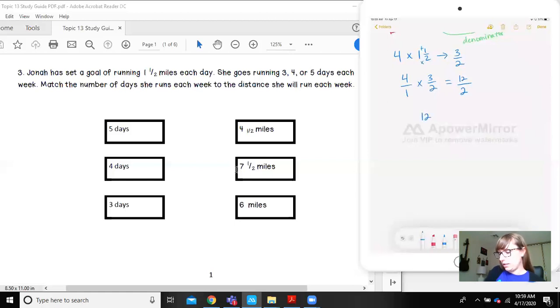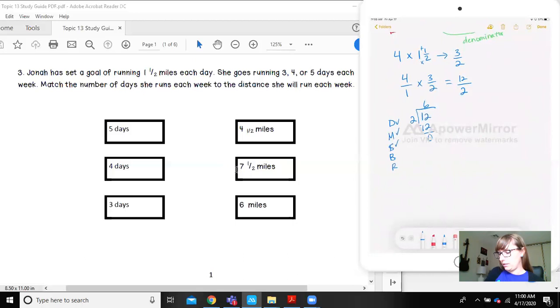Now I'm going to divide it up so that I can get a mixed number. So if I have 12 cookies and I have 2 friends, I know that I can share 6 cookies with each of my friends. And I know that because when I multiply, 6 times 2 is 12, and then I subtract, I get 0.